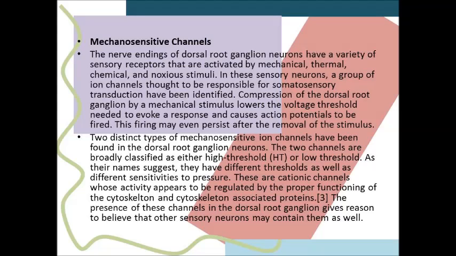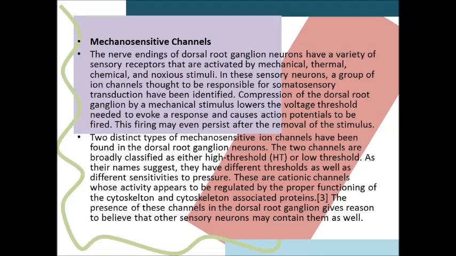Two distinct types of mechanosensitive ion channels have been found in the dorsal root ganglion neurons. The two channels are broadly classified as either high threshold (HT) or low threshold. As their names suggest, they have different thresholds as well as different sensitivity to pressure.